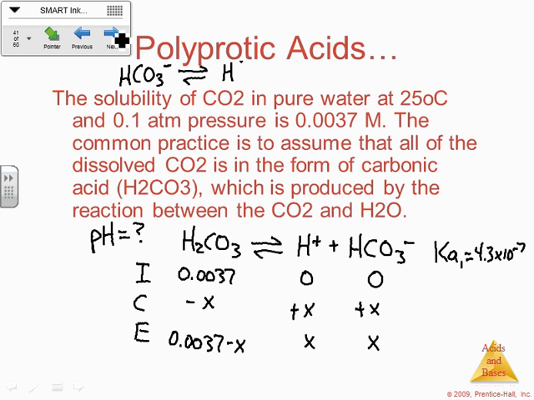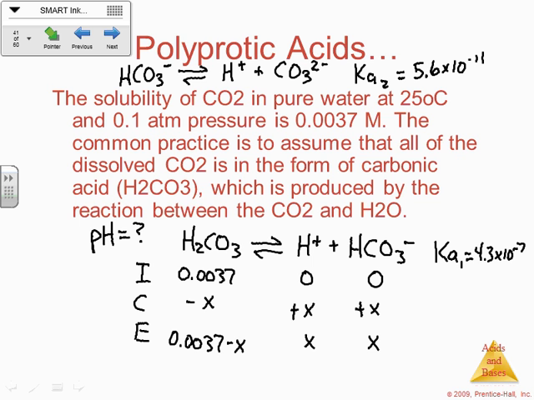So now that dissociates and makes another H plus, and then CO3 2 minus. And the Ka for this one would be 5.6 times 10 to the negative 11. Okay?